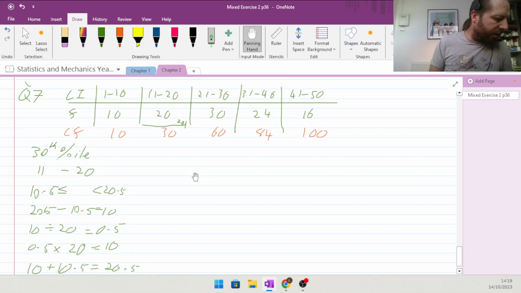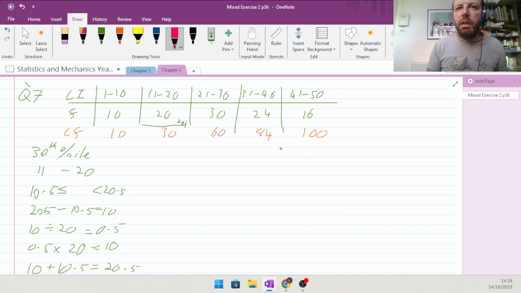Looking now for the 70th percentile. The 70th percentile is going to be in here somewhere, and we'll be looking for 10 in here to bring us up to the 70. So 31 to 40 is our range here.